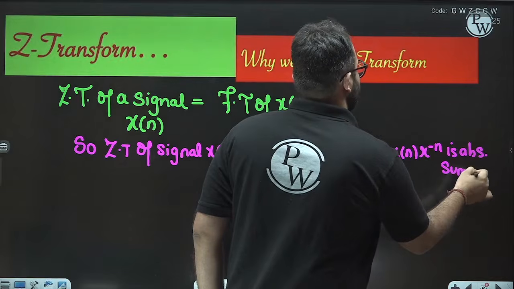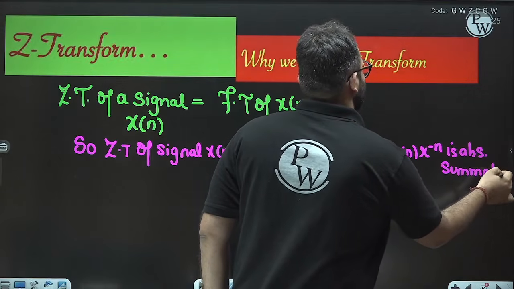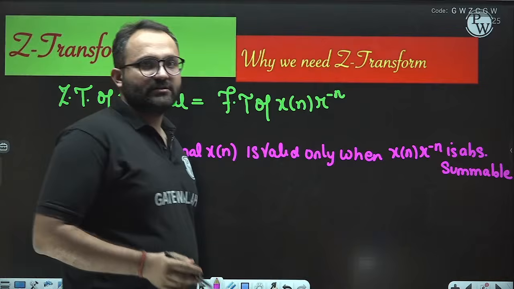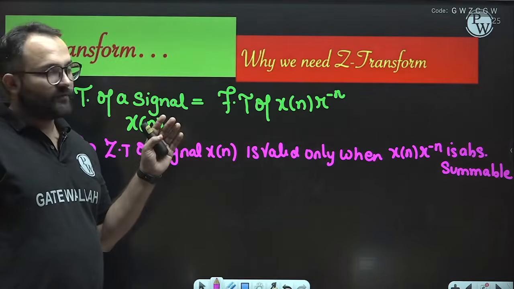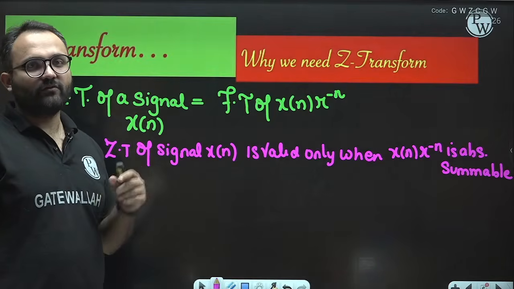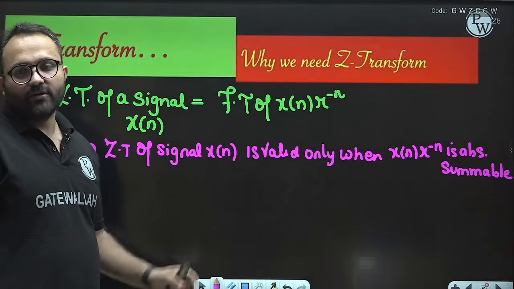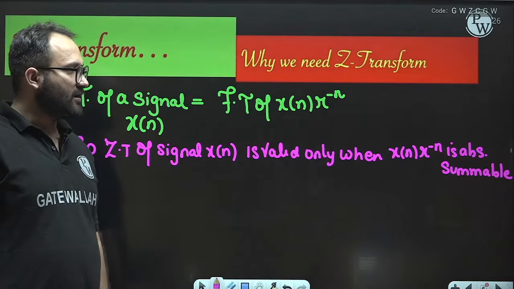And here comes the definition of ROC. If you are able to relate all this with that of Laplace, then it's great, because we have to link the things and then only we can remember.